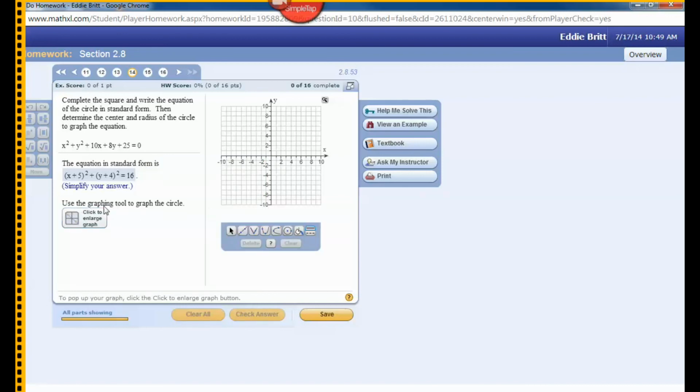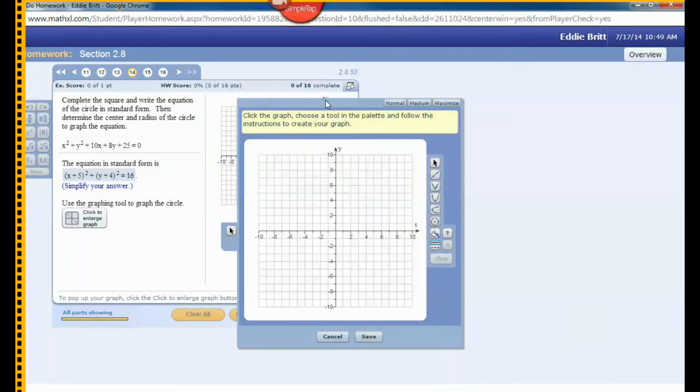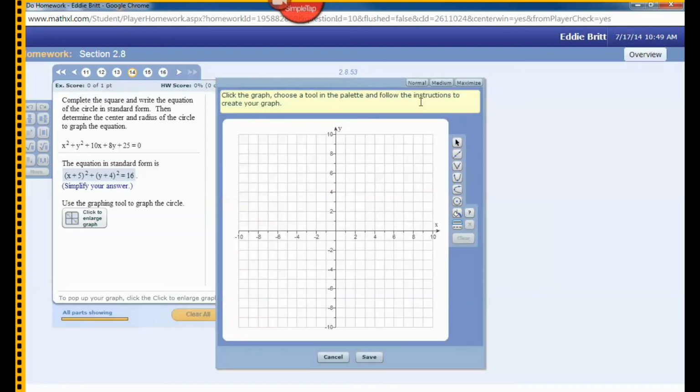Alright. Use the graphing tool to graph the circle. So pay attention to this. I'm just going to make it a little bigger so we can see it. Alright, over here on the side, you see all these little tools, and down here you see the circle tool. So click the circle tool and go to the center.